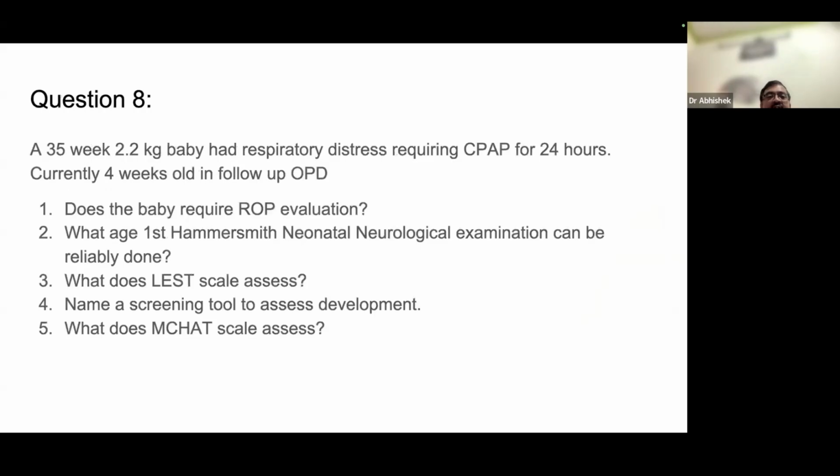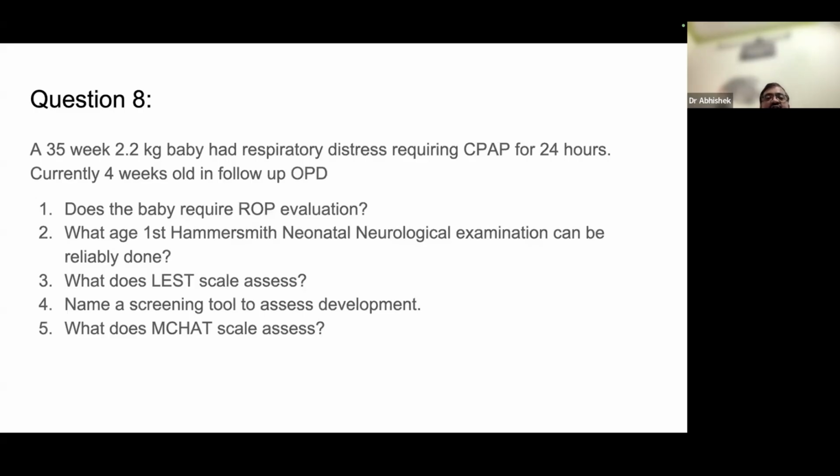Okay. You have a 35-weeker 2.2 kg having respiratory distress, required CPAP for 24 hours. Currently, baby is 4 weeks. Should we do ROP screening? Yes, you need to do ROP for late preterms if they have received oxygen or respiratory support beyond 6 hours.